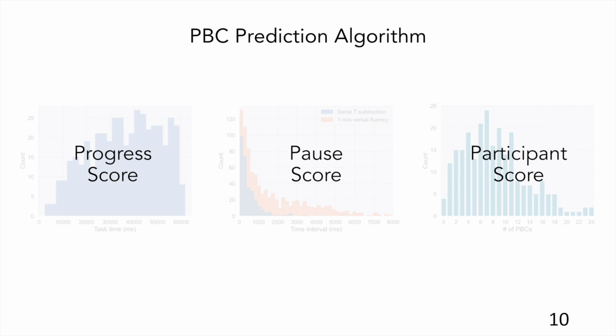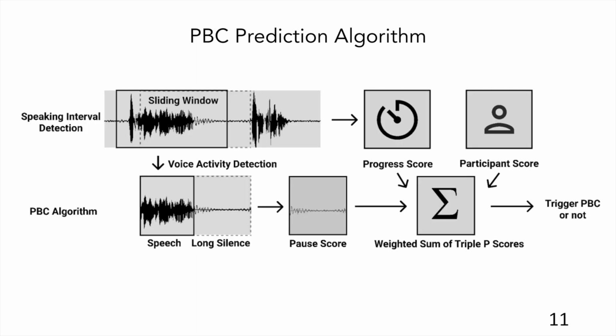Considering PBC prediction, based on insights of data analysis, placing PBCs after a fixed length pause was not enough. Hence, we introduced progress score, pause score, and participant score to give adaptive PBCs. Participant score was calculated by passing the speech of the exact same sentences to the SVM model.